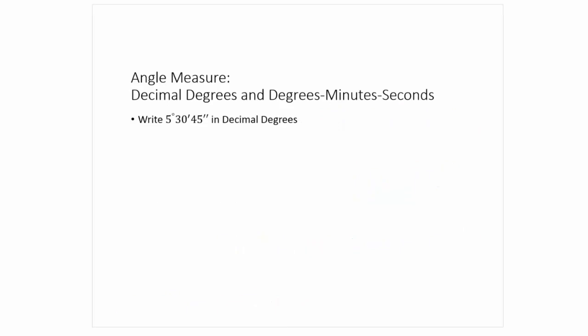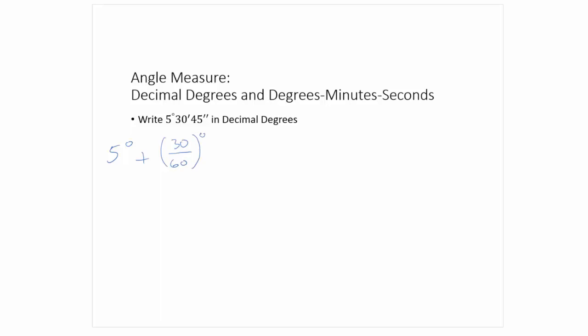All right, so here we have an angle measure, 5 degrees, 30 minutes, 45 seconds, and we're asked to write this in decimal degrees. All right, so now let's think about this. We have 5 degrees, and then 30 minutes, well, that would be 30 out of 60 degrees. 45 seconds.